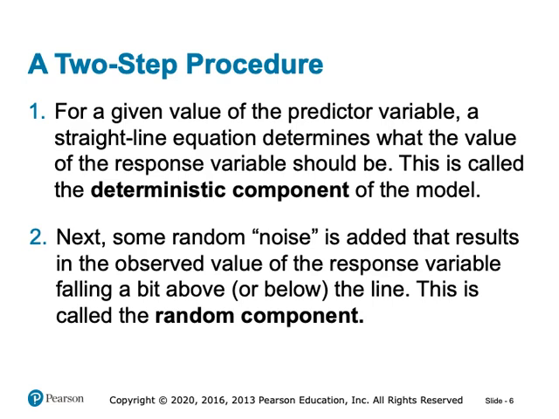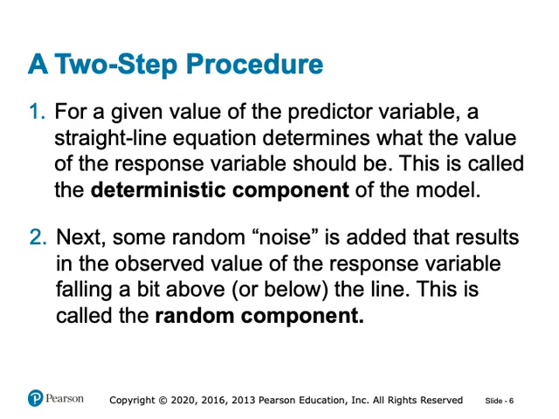For any given value of the predictor variable, let's say the number of hours studied, we can use a straight-line equation to calculate the expected value of the response variable, such as the exam score. This straight-line equation represents the ideal relationship between the predictor and response variables, assuming that everything follows the model perfectly. In essence, the deterministic component provides us with a baseline prediction based solely on the observed relationship between the variables.